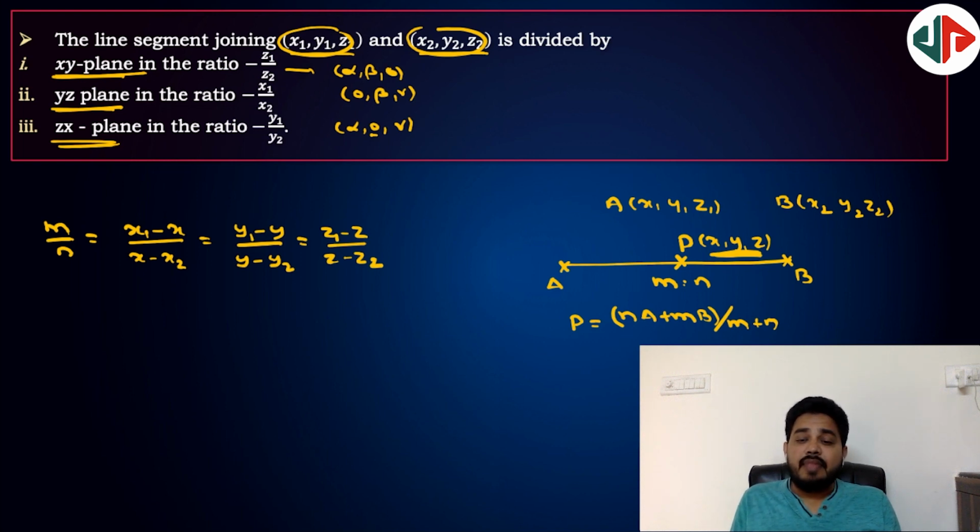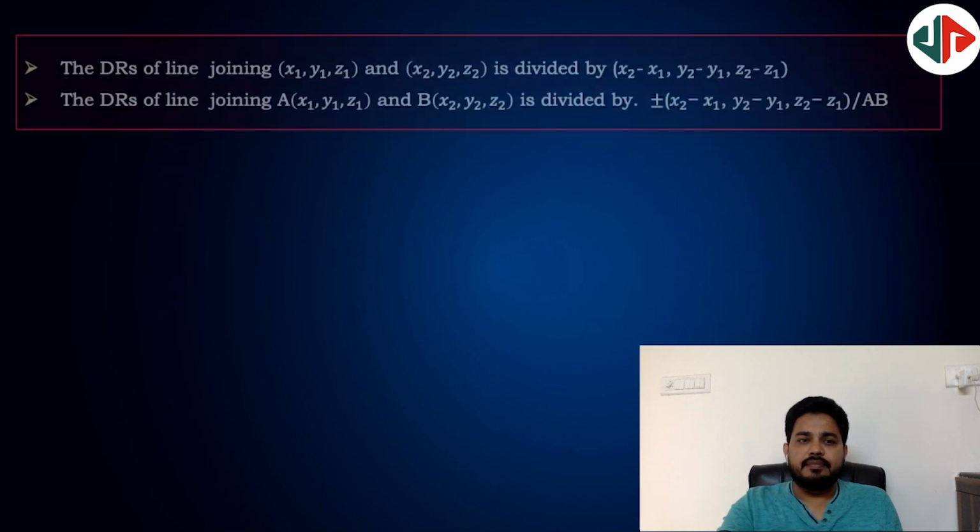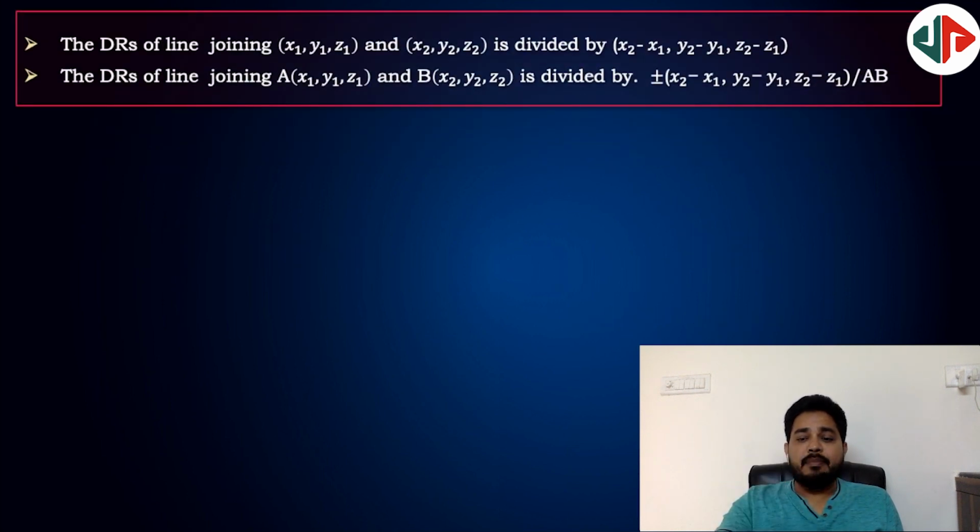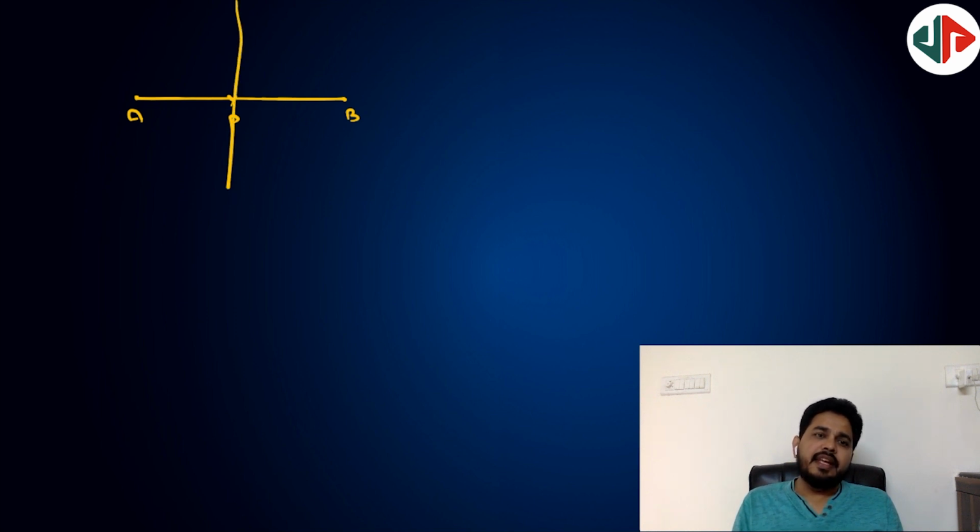Okay. Next one, before going to this point, let me discuss one small point, that is the locus part. For example, A is here, B is here, P is a variable point equidistant from these two.